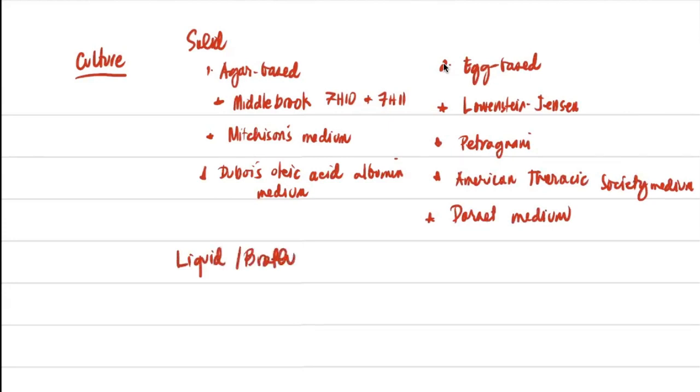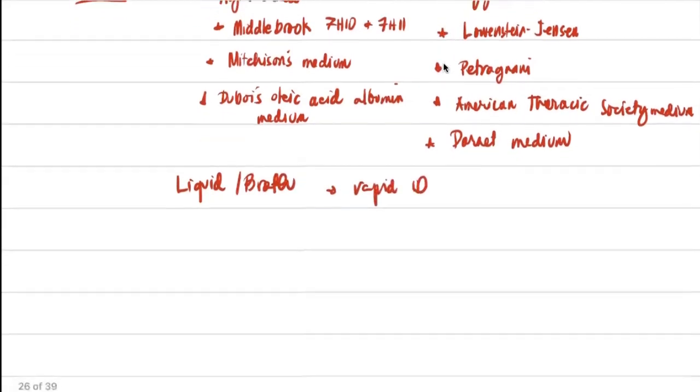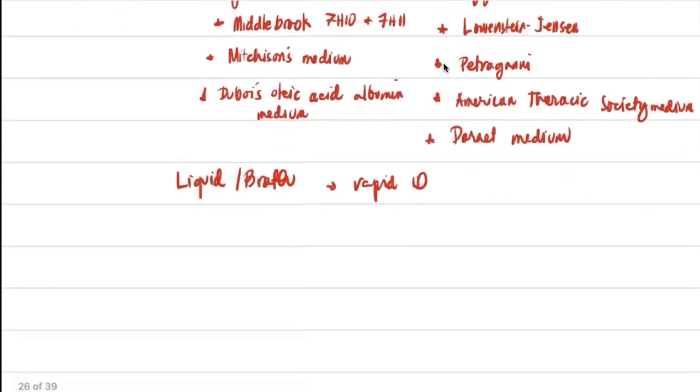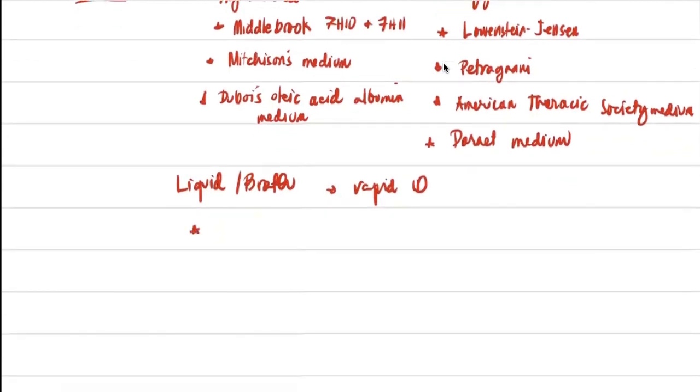So usually yung broth ginagamit ito for rapid identification, kasi mas mabilis siyang mag-grow gamit ng liquid media. So example ng mga liquid media natin, of course, usually ito yung ginagamit natin for automation. So nandito yung ating Bactec 12B.